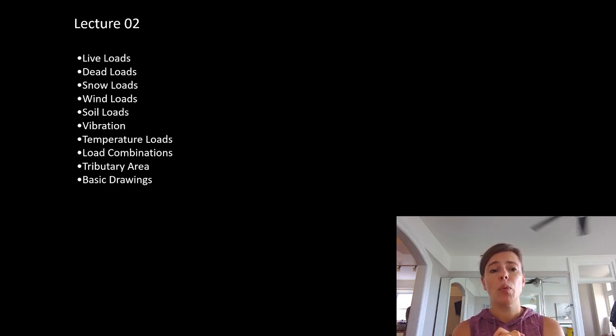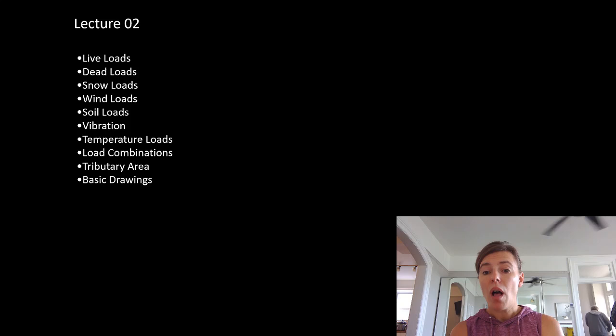So today's lecture, we're going to go through loads, what those main load cases are. We're going to talk about how we combine them up, because if you remember, I briefly addressed that we do ultimate limit states design in our courses, or in our design code in Canada. So part of that is that we put different factors on different loads.